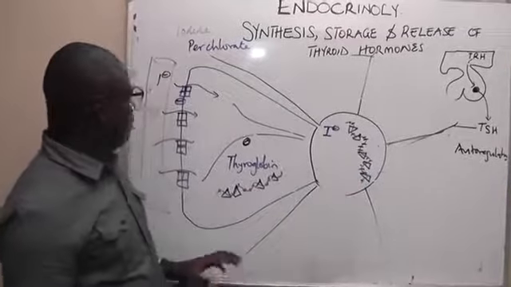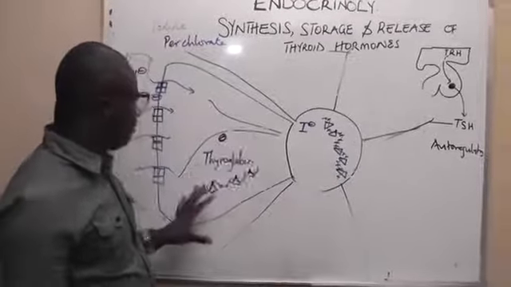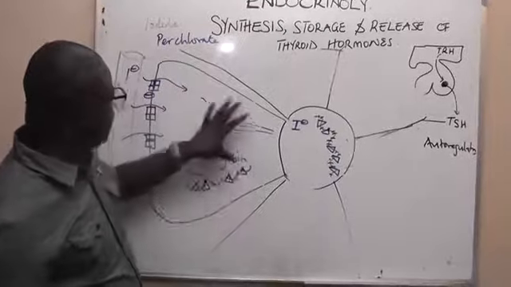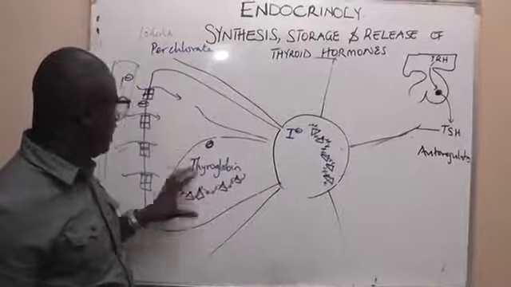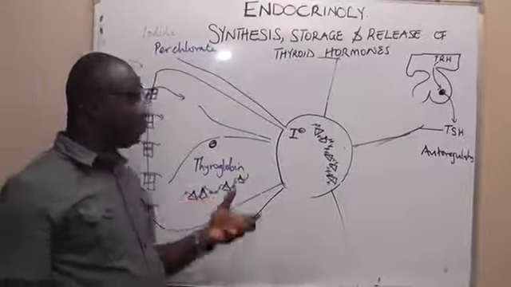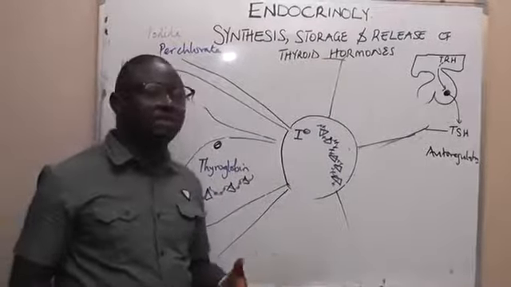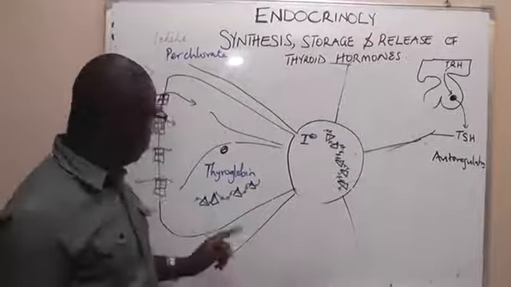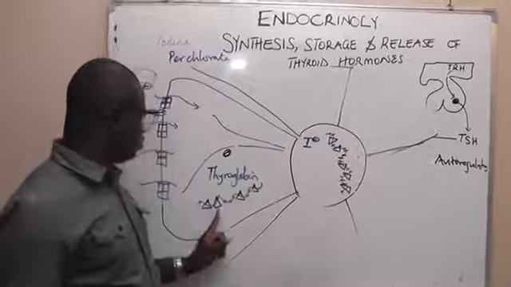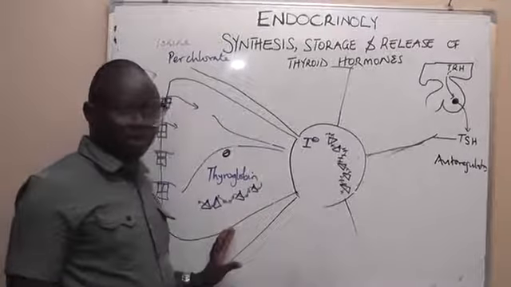Then we also have thyroglobulin that is synthesized within the cytoplasm of this follicular cell. This thyroglobulin is proteinous in nature, and that means it is made up of a lot of amino acid sequence or series. But the one that concerns us is these ones that are called tyrosine.